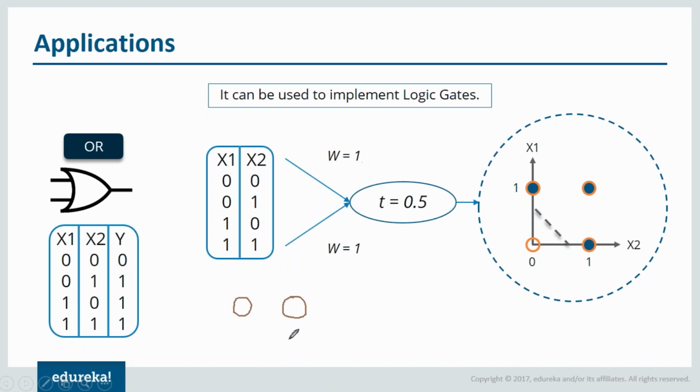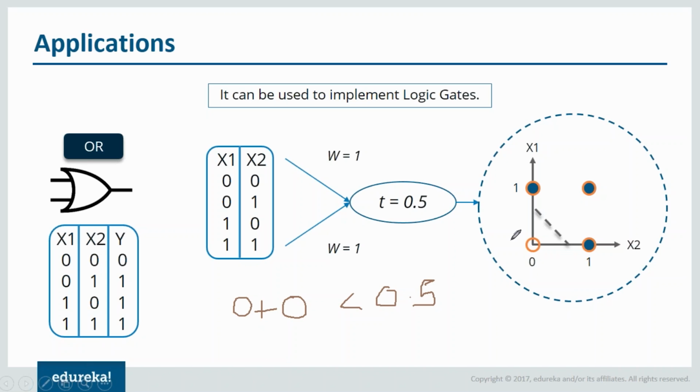So 0 into 0 is 0, and 0 into 0 is 0. Then we pass it through this activation function. We need to make sure that whatever value comes here should be greater than 0.5, then only our neuron, or the perceptron, will fire. But since this value is less than 0.5, the neuron won't fire and our output will be 0, as you can see over here.